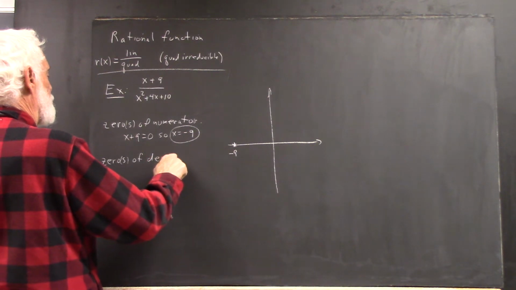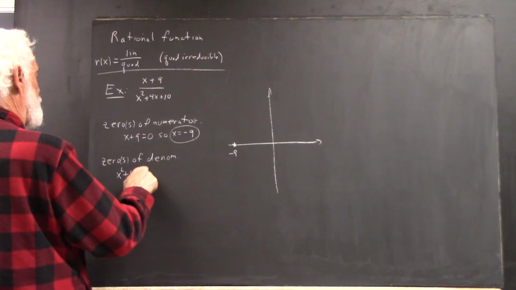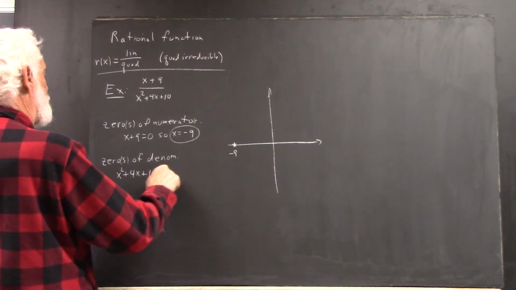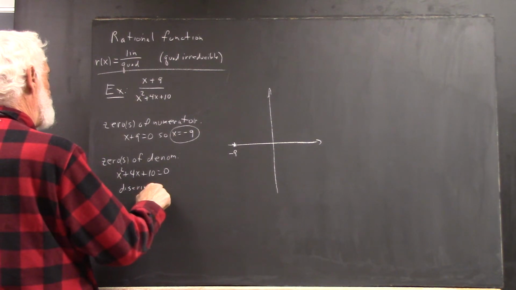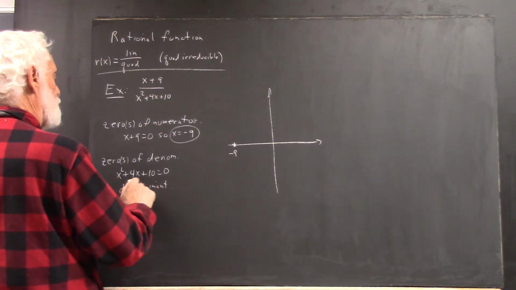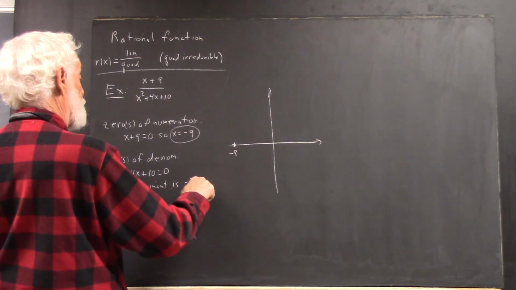Zeros of the denominator: the discriminant of this denominator is -24.